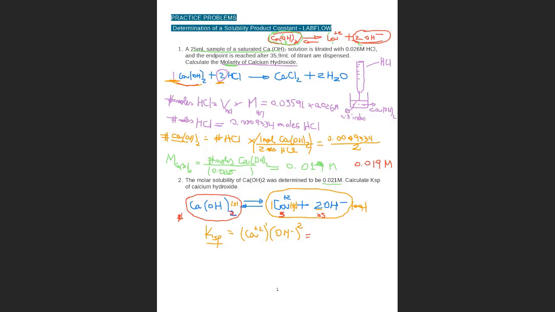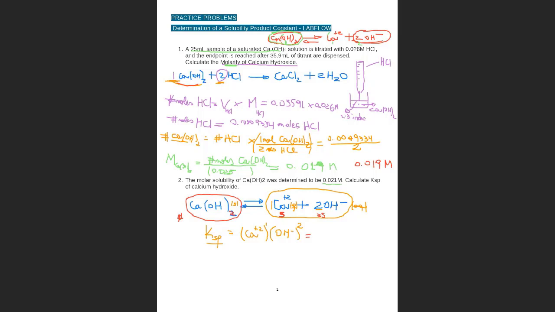S, we know, is this number, 0.021 molar. But now we have to put it in the equation of Ksp. So the concentration of calcium... Would a nice table apply here? Yes, it would apply, but we don't know how much we had at the beginning.